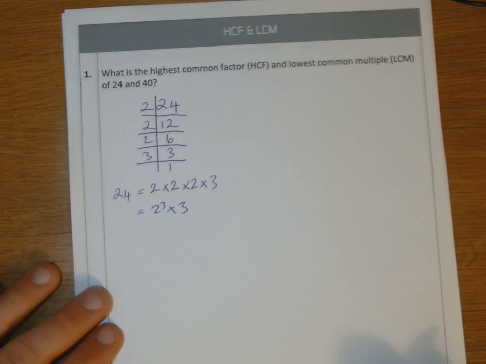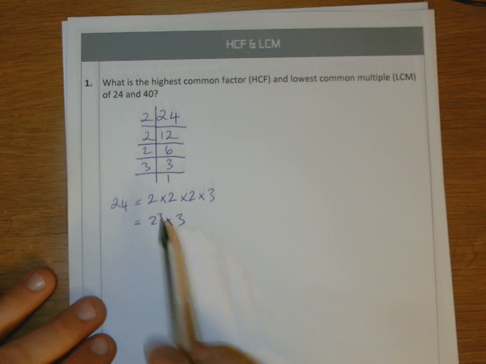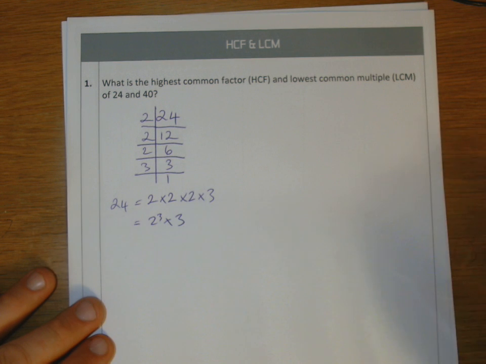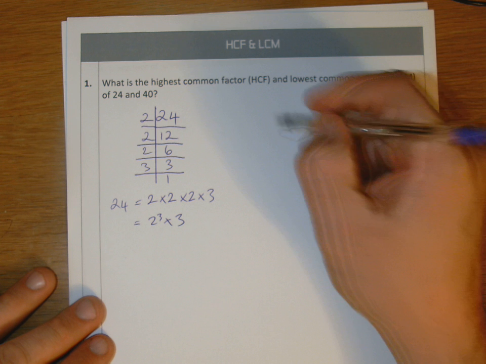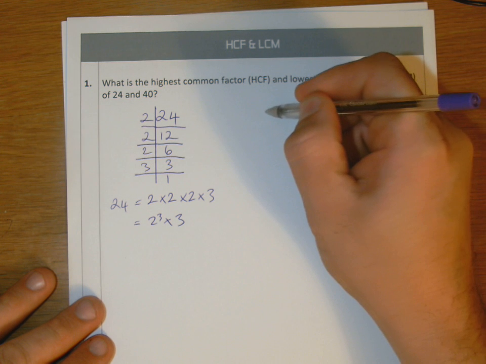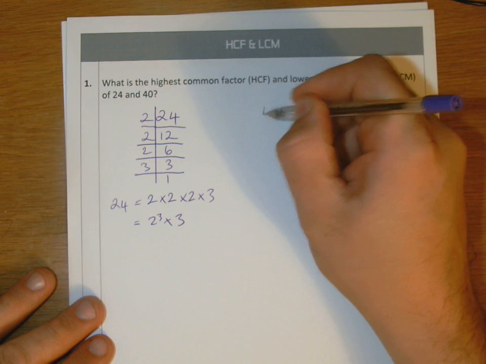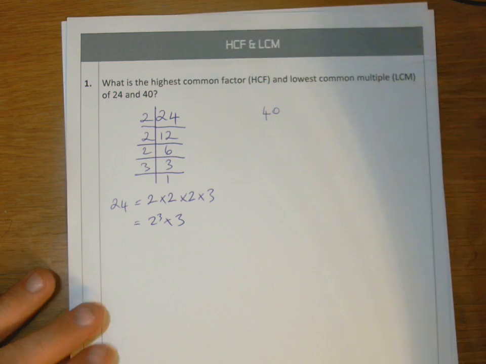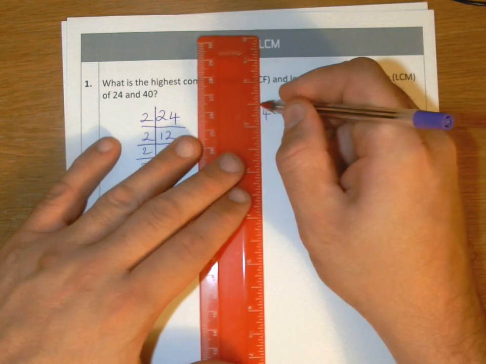Okay, but we actually find it easier to use this calculation now when we look for the highest common factor and lowest common multiple. Okay, so next one then, 40.